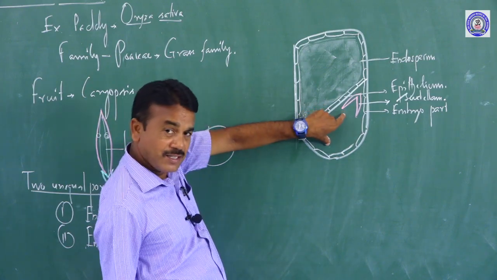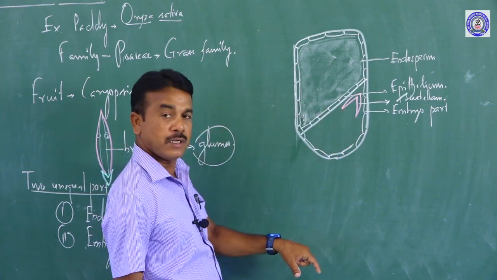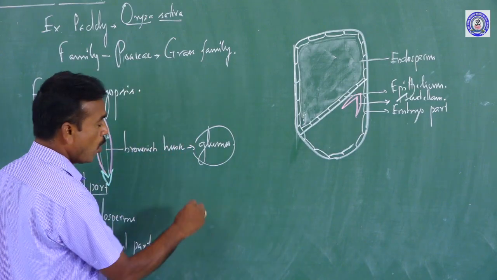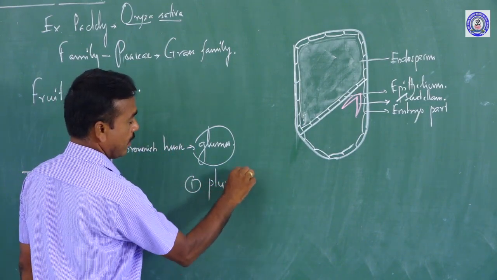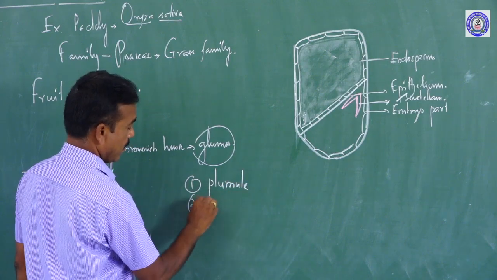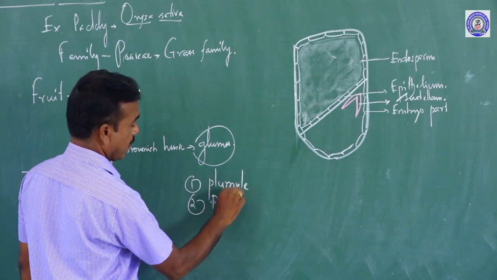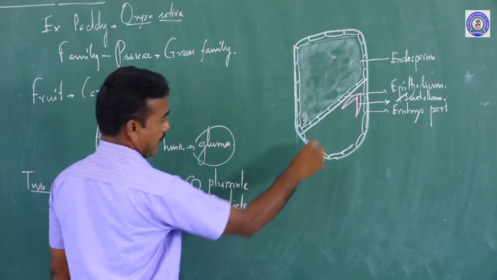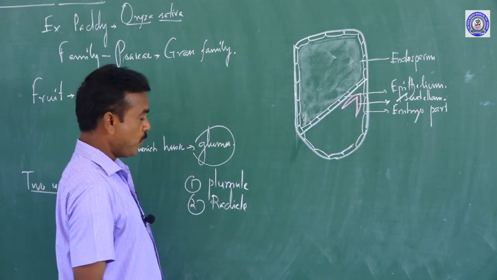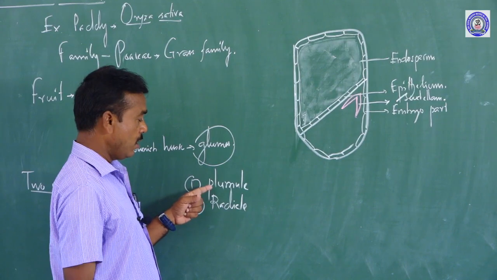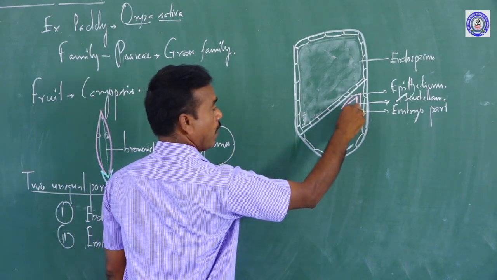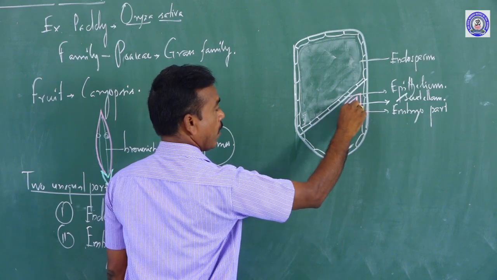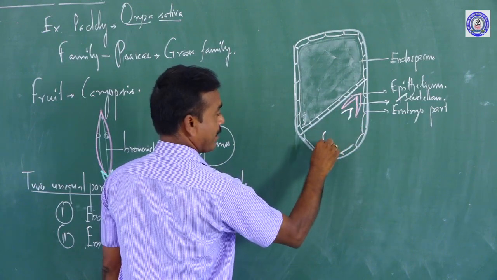The short axis is responsible for protecting both the plumule and the radicle. This is the plumule. This is the radicle.